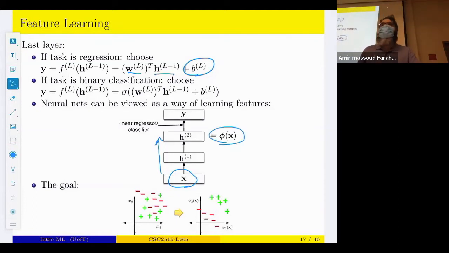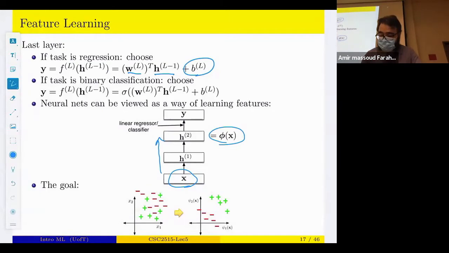And phi of x is effectively some processing on the input based on the weights of all the previous layers. So what happens then afterward?